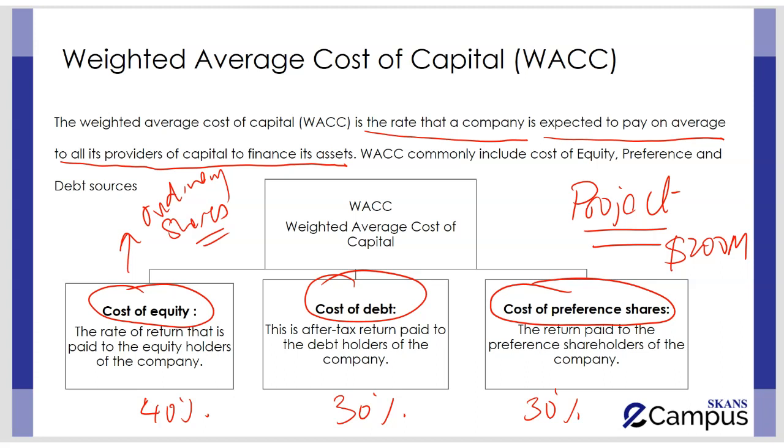So if I'm financing my project through this specified method, then how much is my cost of capital? And cost of capital is calculated using the WACC. Now let's do an example to make it more clarified.